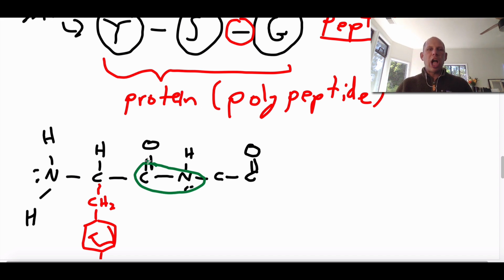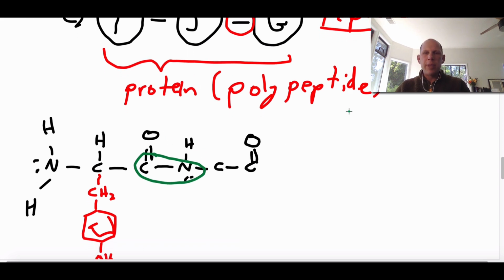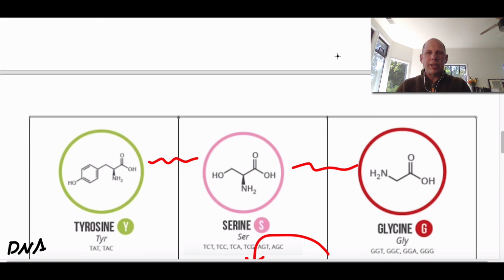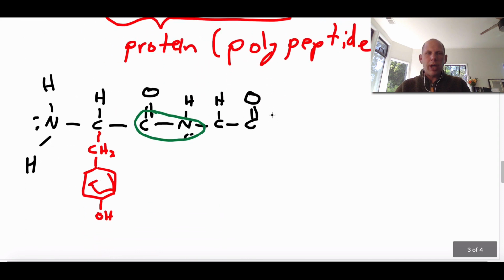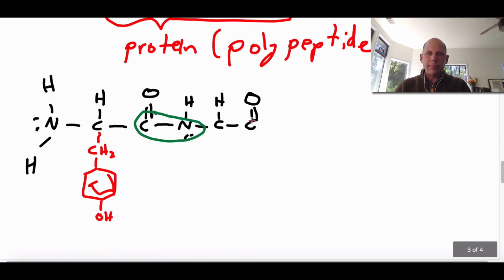So you see, you lost a little bit of the C-terminus and you lost a little bit of the N-terminus right there. But we got to finish this friend off. And if this is serine, well, what is the R group on serine? That's that CH2OH friend right there.